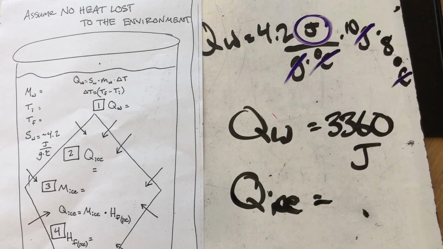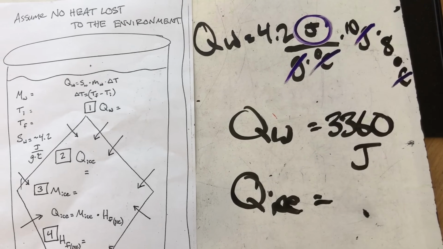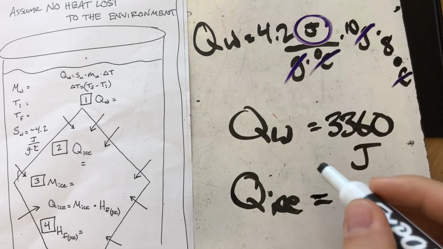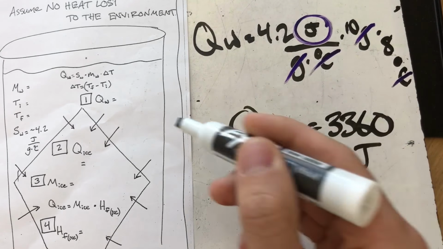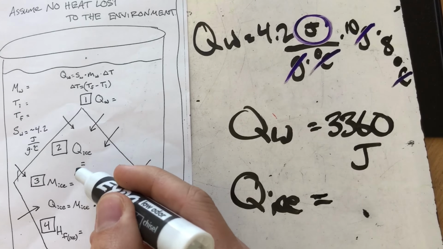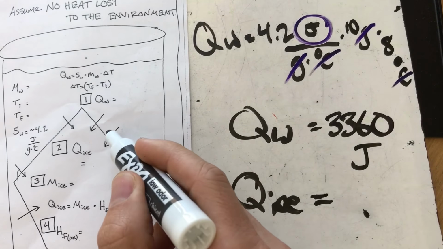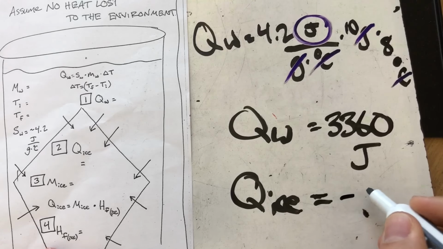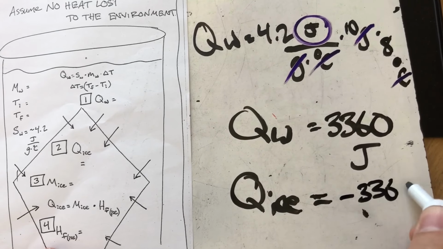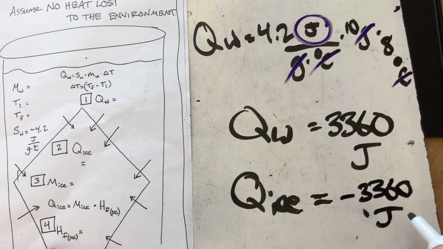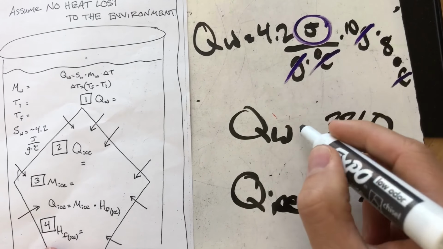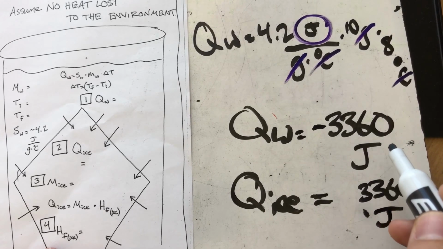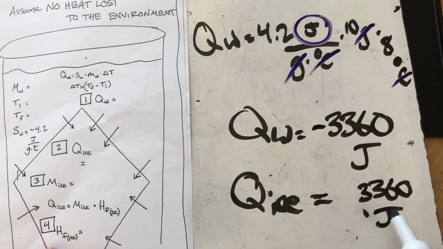Technically, if we were reporting these numbers in an accurate way, we should say that the heat that goes into the ice has one sign, positive or negative, and the heat that leaves something else has the other. We'd say that the water lost that many joules because it gave it away, and the ice gained that many joules.